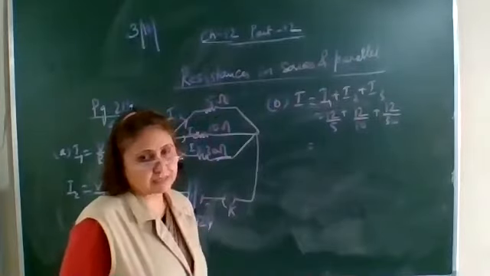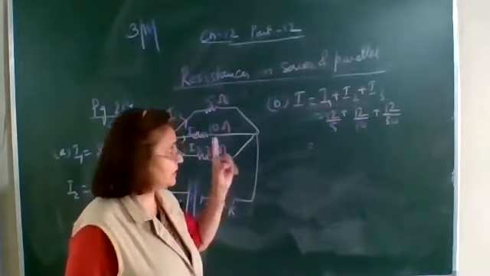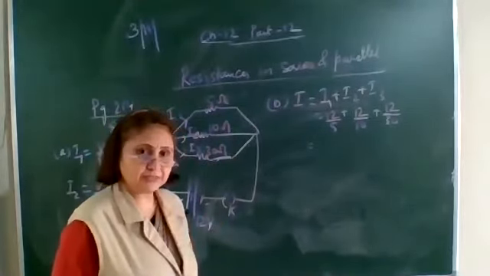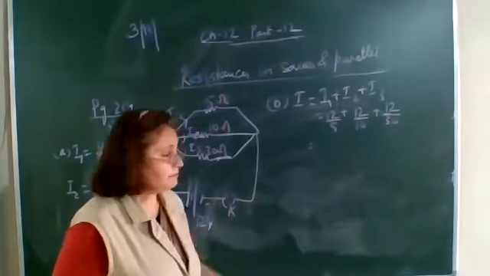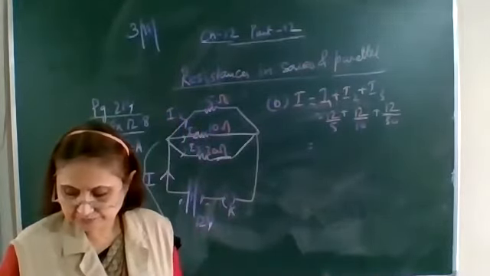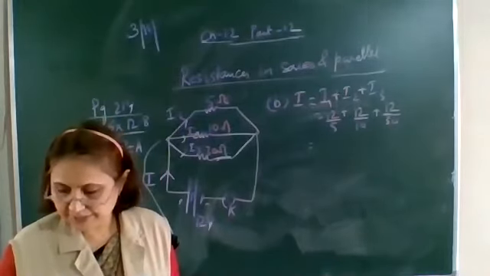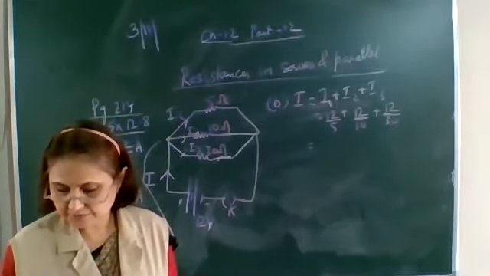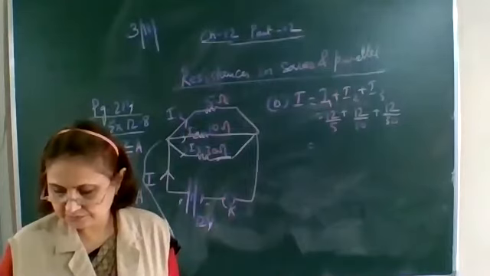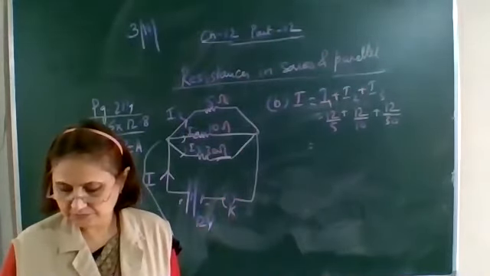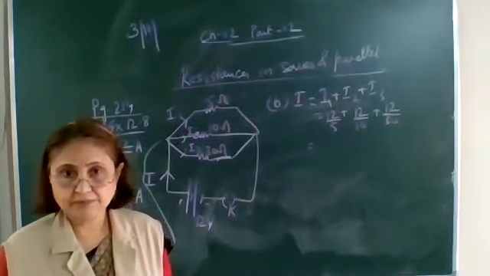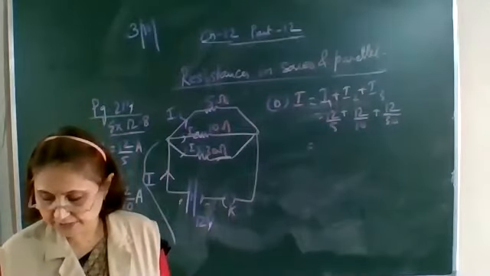Simplify to get the total current. Take the LCM of 5, 10 and 30 and simplify it. Hurry up, I give you 1 minute to simplify it.